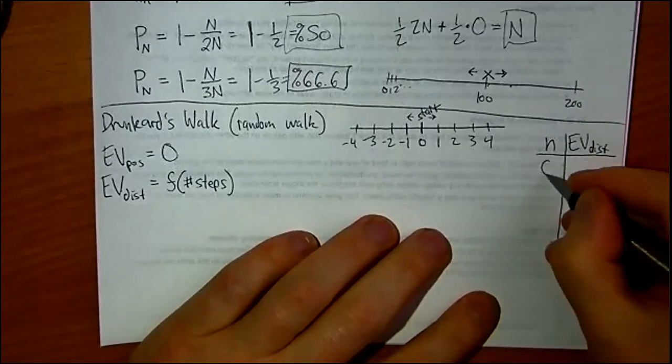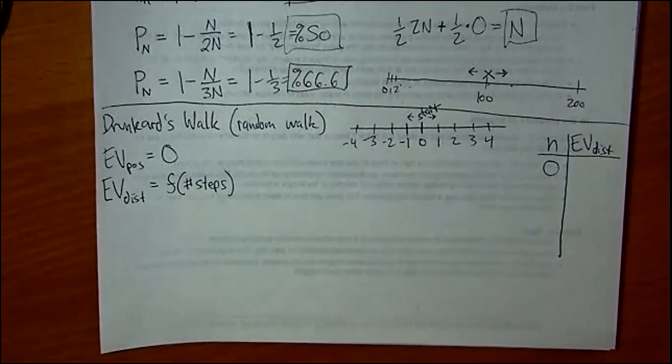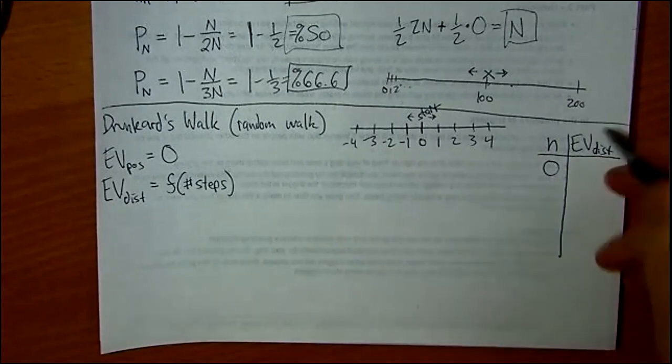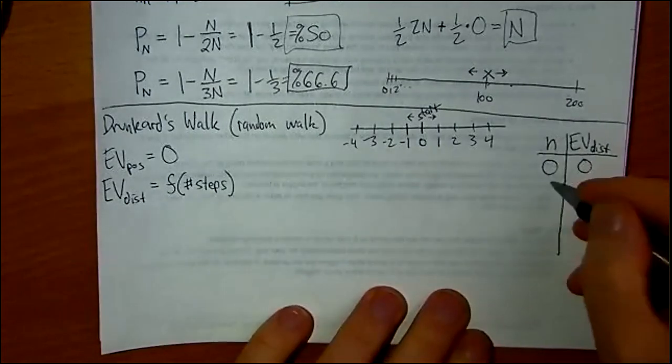So if I take 0 steps, what's my expected value of my distance from the origin? After 0 steps, 0, good, because I haven't gone anywhere yet. How about after 1 step?